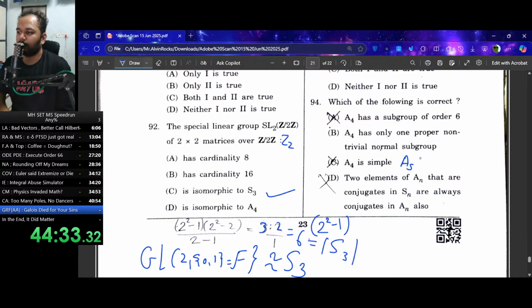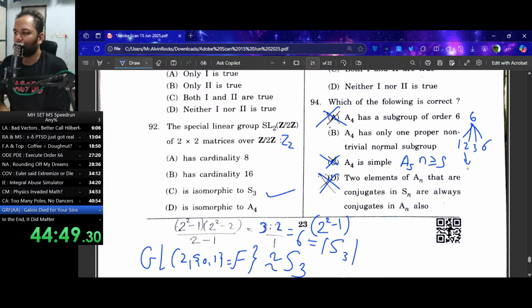A_n is simple for n greater than or equal to 5. This is wrong. Conjugacy does not hold there. No subgroup, because the divisors will be 1, 6, 2, 3. Order 2 does not belong to A4.